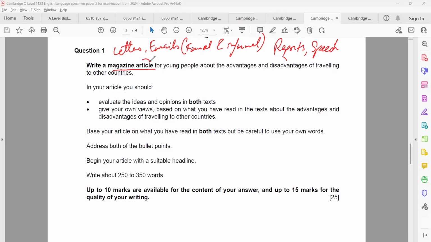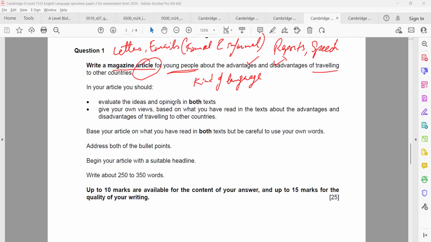In this particular case, what they've asked for is a magazine article for young people, so that also tells you about the kind of language you want to use. It's about advantages and disadvantages of traveling.